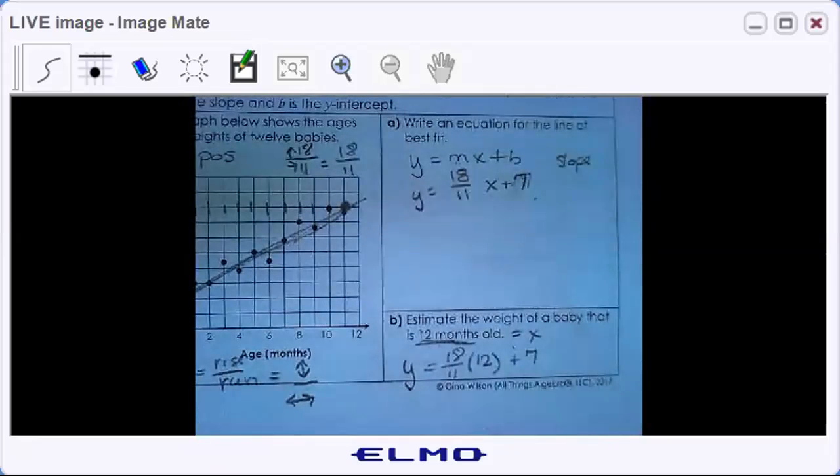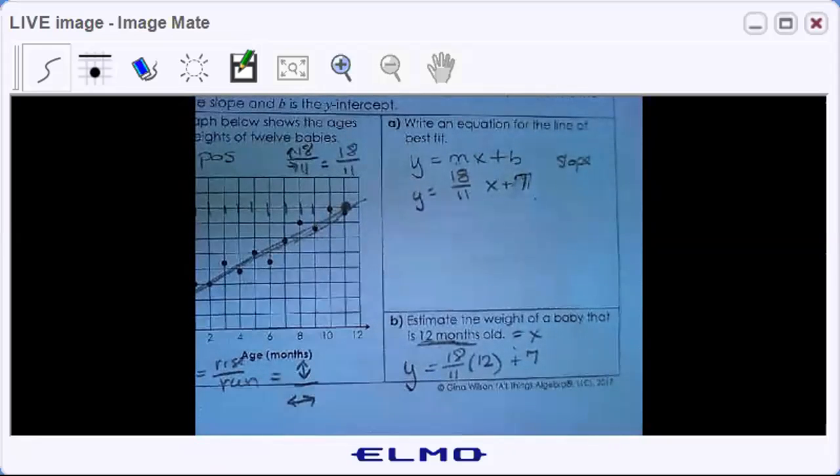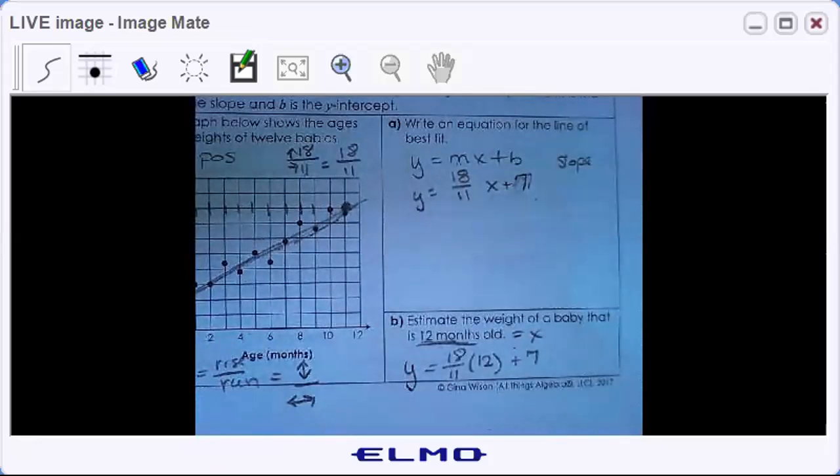So I'm going to take my calculator and I'm going to do 18 times 12. Then I'm going to divide that by 11. And I get 19.636, and then I'm going to add to that 7.